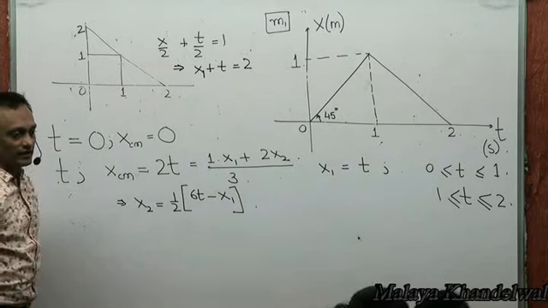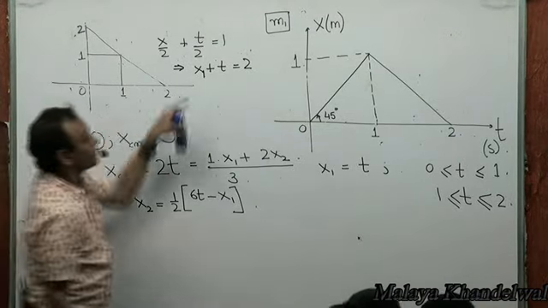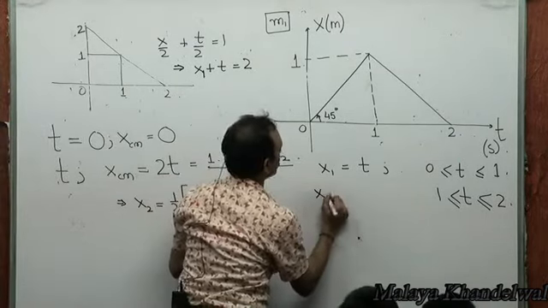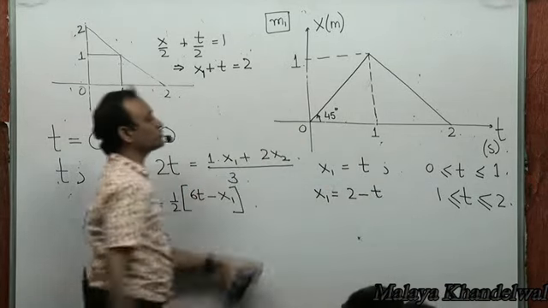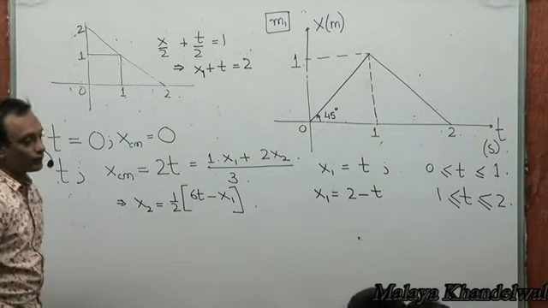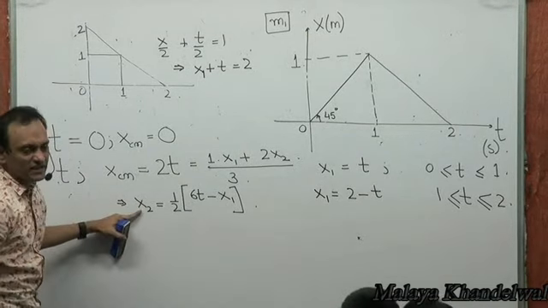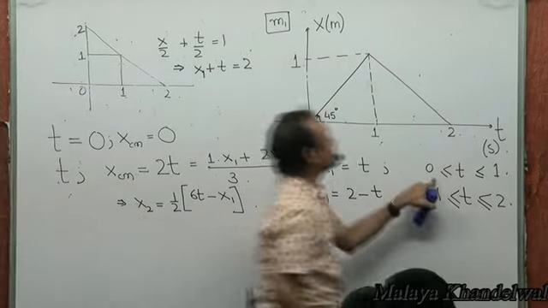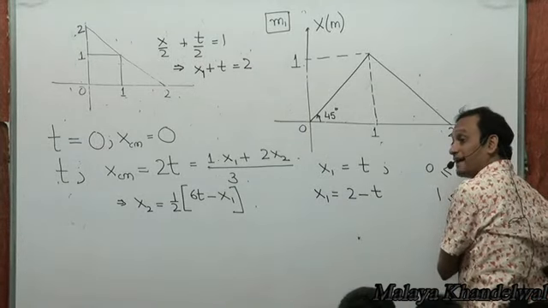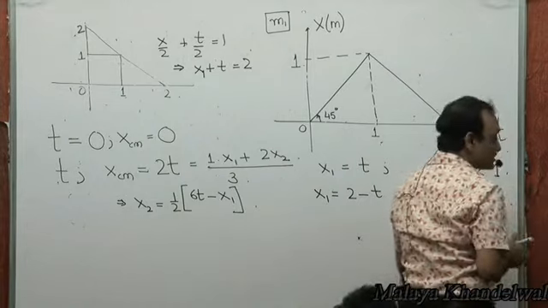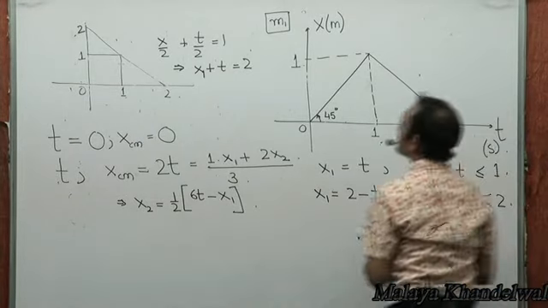So the equation of this line is x1 equal to 2 minus t for t lying between 1 and 2. Yes or no? So now I can find x2 as a function of time in this regime and in the other regime by suitably plugging in the values of x1 as functions of time. Is that okay so far?